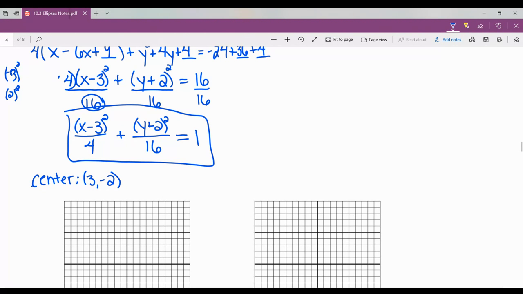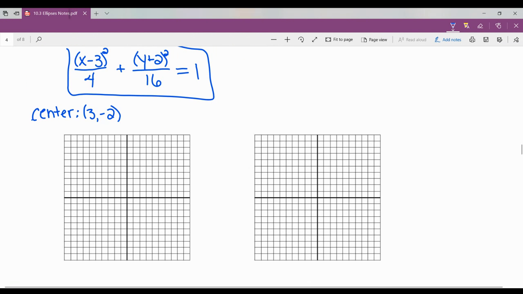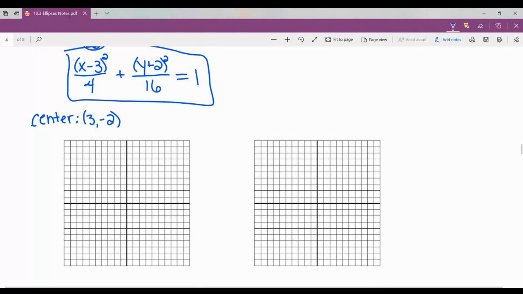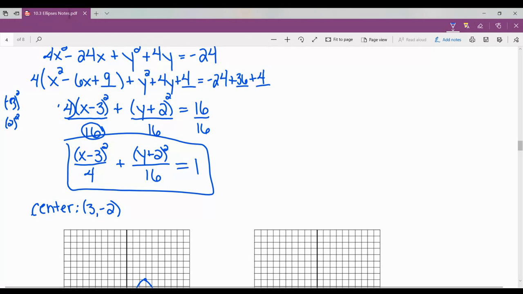My major axis is going to be the y's, so from 3 comma negative 2, I would count up 1, 2, 3, 4, and down 1, 2, 3, 4, and then I would count right and left from my center 2, 1, 2, 1, 2, and so my graph of this ellipse should look like that. Okay, so now on to the next one.